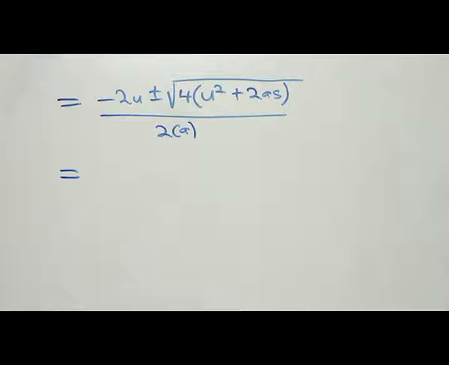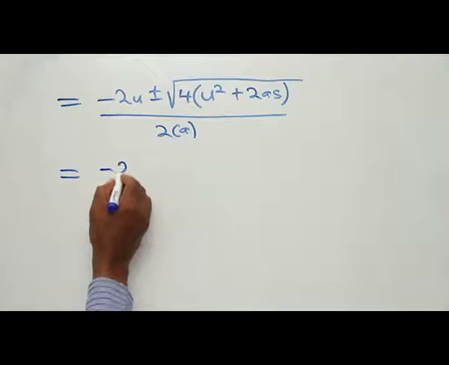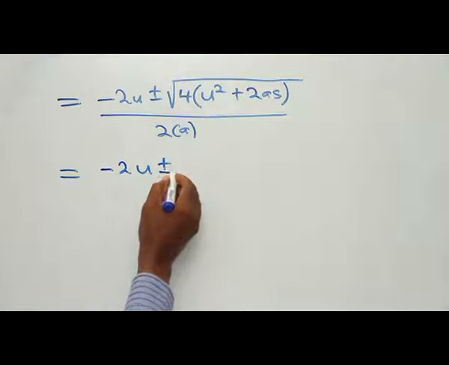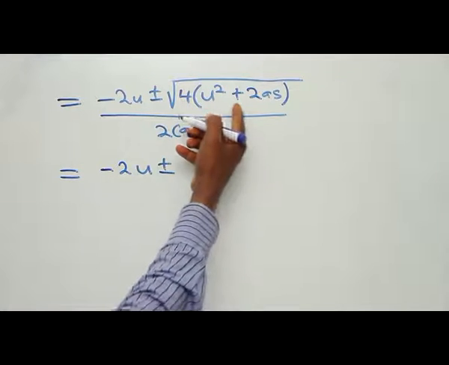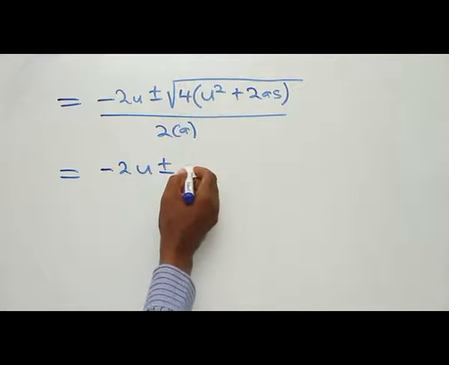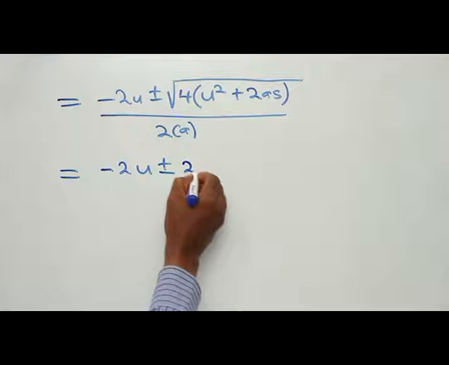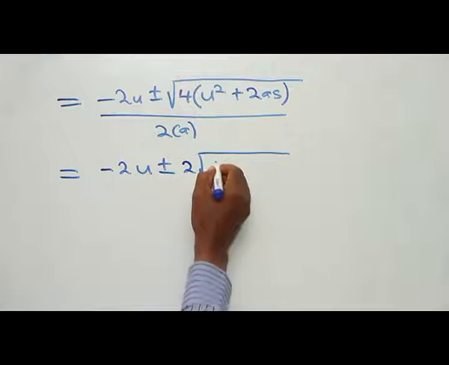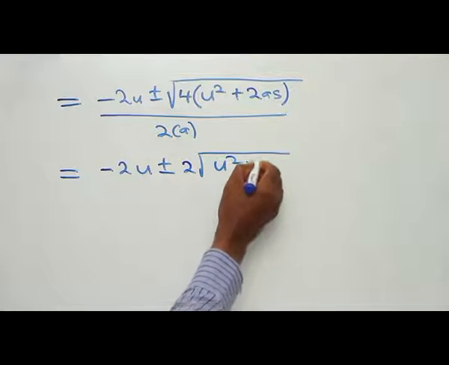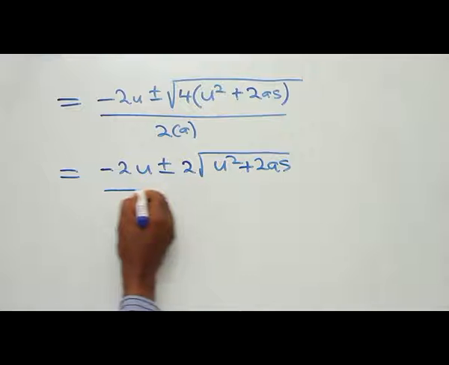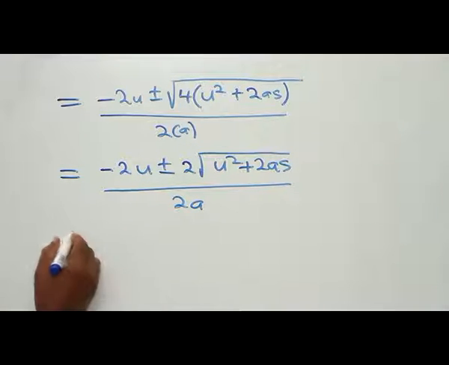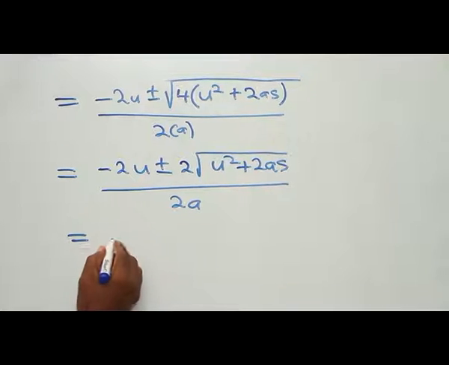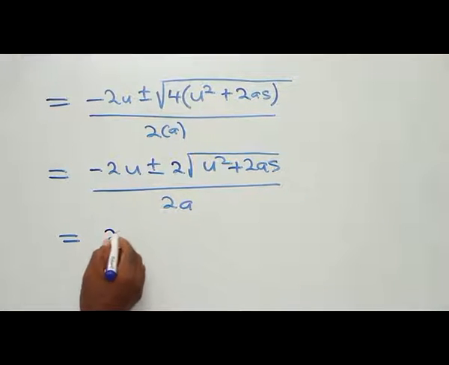Now, what next? Recall here that we have minus 2u plus or minus. Remember your sum: 4 times this, you can find the square root of. The square root of 4 is 2, then remaining the square root of u squared plus 2as, everything here all over 2a. Beautiful. Look at the numerator. 2 is actually common. So we take out our 2 that is common.